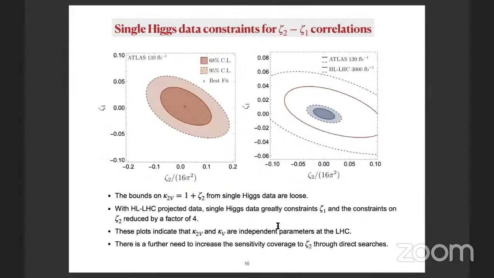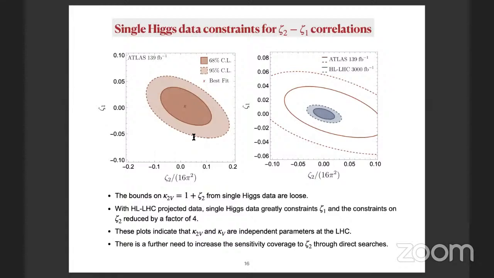After incorporating all this, we did the zeta1 and zeta2 fit. On the left, I can show you the parameter space. Here we have scaled zeta2 with 1 by 16 pi square, just to show the loop induced effect. With the solid line, we have shown the 68% confidence limits, and with the dotted line, the 95% limits.